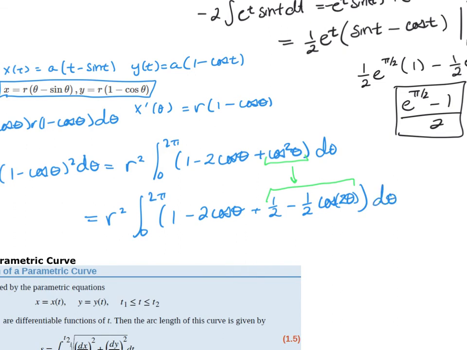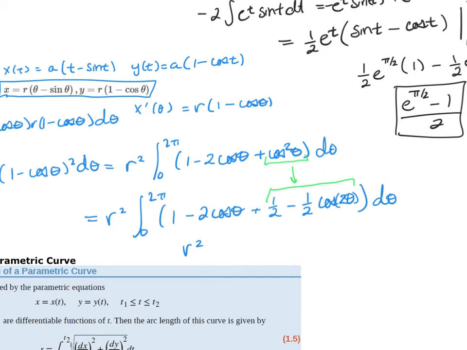Now this is much easier to integrate. So when I go to integrate this, I'm going to get r squared. I'm going to integrate the 1. That's going to give me theta. And then minus 2, I'm going to integrate cosine, and I get sine of theta. And then, oh, I should have added the 1/2 and the 1, so let me do that.